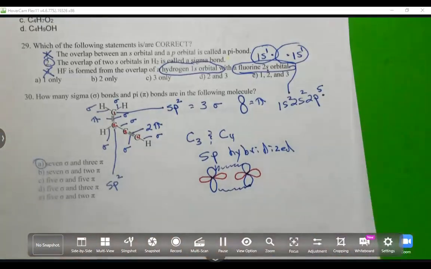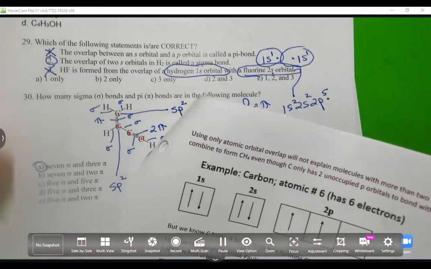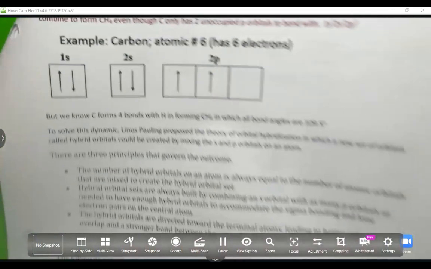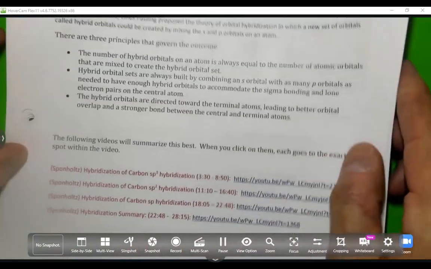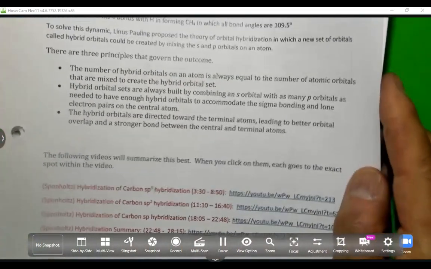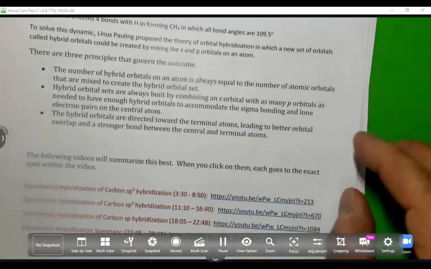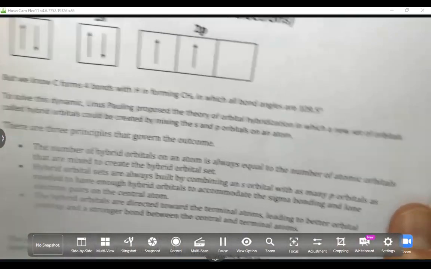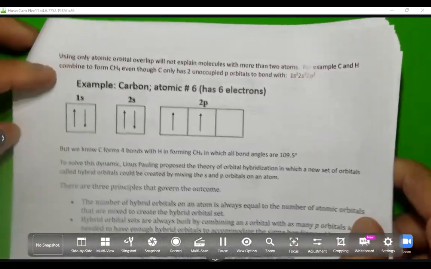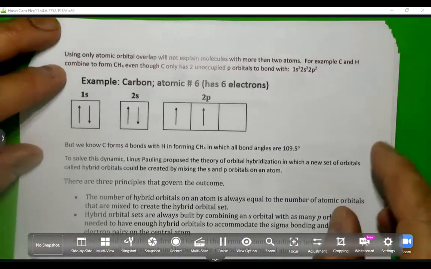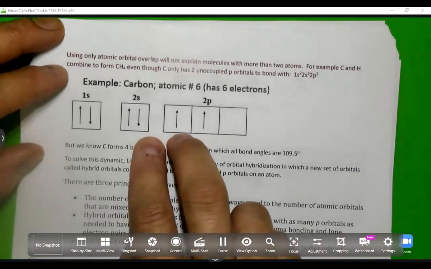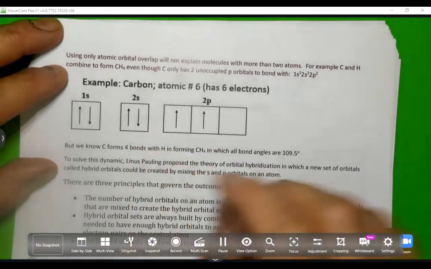Let's go back into the learning guide and finish this. There's an example from Owl in here as well. Again, this is the regular electron configuration notation for carbon.